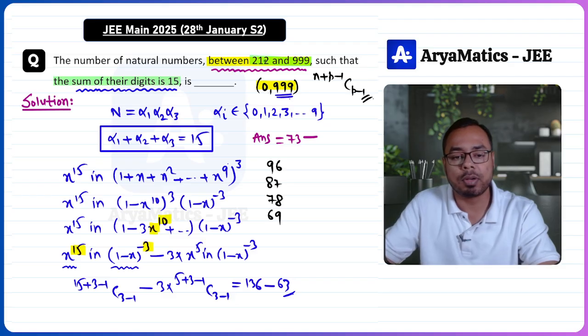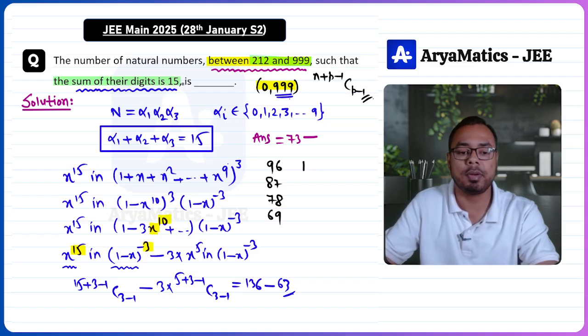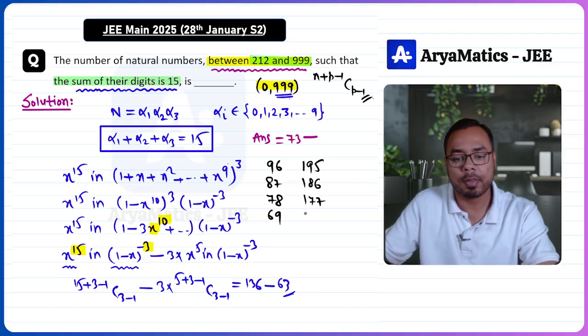Now remember, we have to count numbers which are less than 212. So there will be numbers more than 100 also for which the sum will be 15. If I have 1 on the 100s place, now we need a sum of 14. So 14 you can create using 9, 5, so 195. Then another one you can create with 8, 6. Then you have 7, 7. Then you can have 6, 8. And then you have 1, 5, 9.